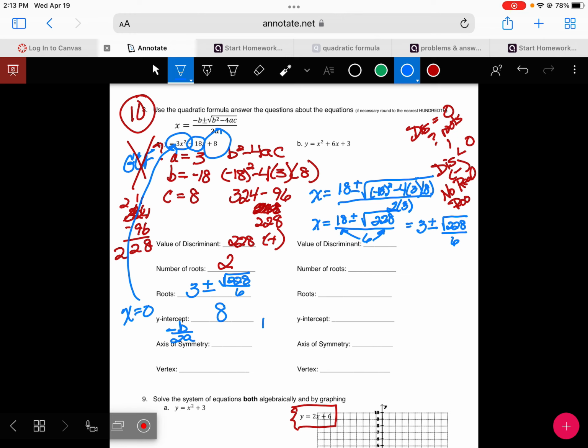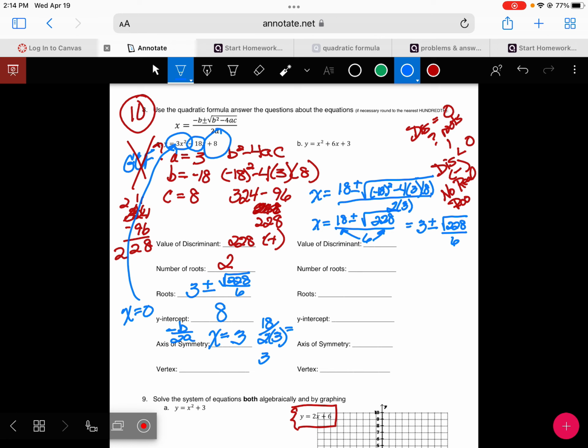Opposite of b would be positive 18 divided by 2 times my a value of 3, which is 18 divided by 6, which is 3. And if that is a 3, that axis of symmetry is the line that cuts that parabola into 2 equal parts. If it is a vertical line, which it will be, we have to say x equals 3 because it's that whole line that's going to split it.